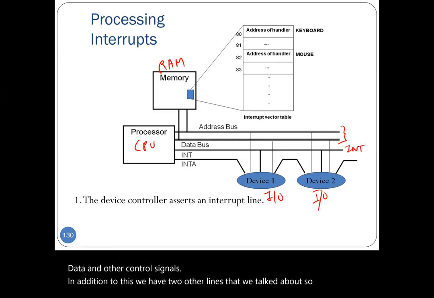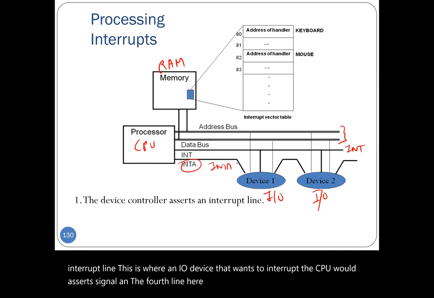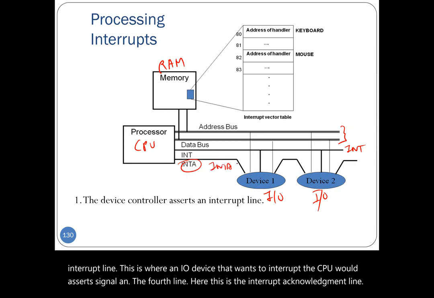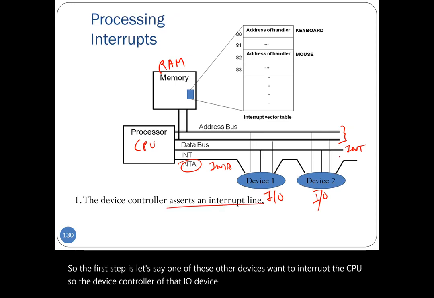This is where an IO device that wants to interrupt the CPU would assert a signal. And the fourth line here is the interrupt acknowledgement line. So the first step is, let's say one of these IO devices wants to interrupt the CPU. The device controller of that IO device will assert a signal in the interrupt line, basically this line. Okay, that's the first step.